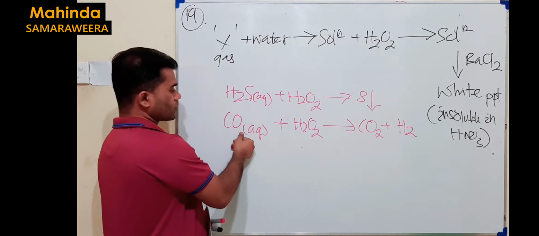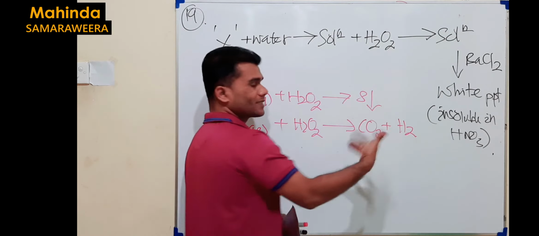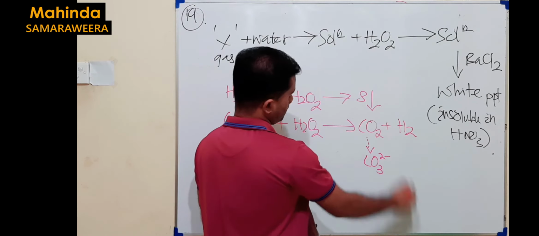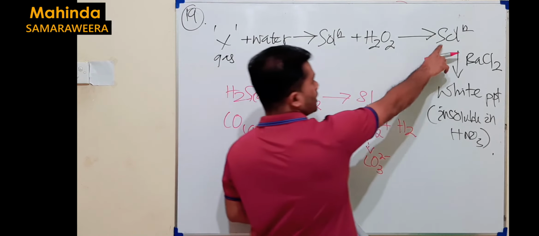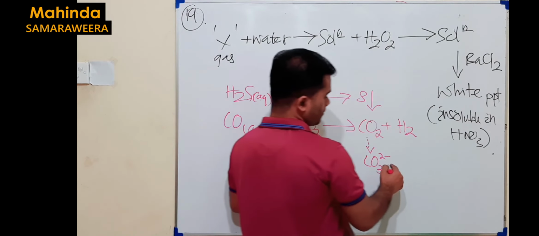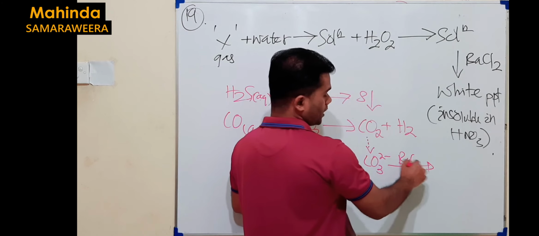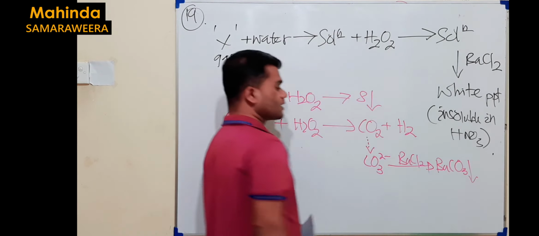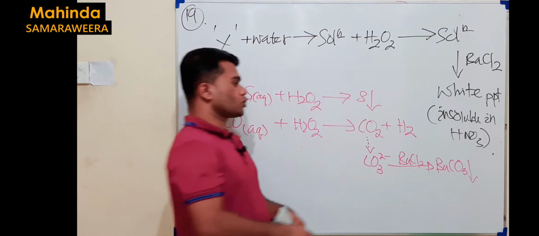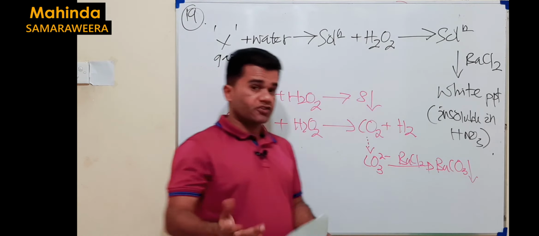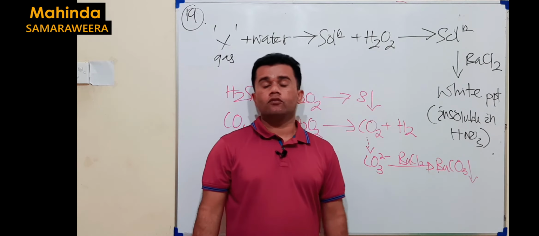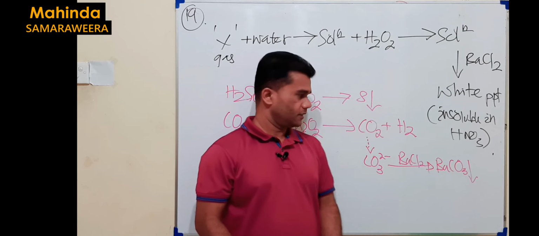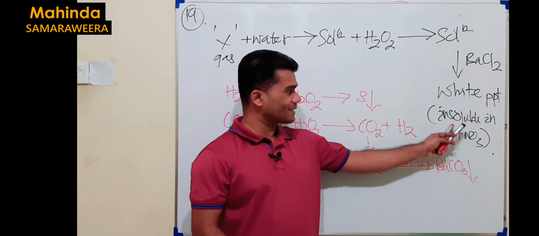Since water is present, this can be carbonate ion. Then barium chloride. Do we get a white precipitate here? Yes, carbonate reacts with barium chloride to produce barium carbonate, a white precipitate. Is it soluble in nitric acid? Yes, barium carbonate is soluble in nitric acid because they react and give carbon dioxide and barium nitrate. Because of that it dissolves, but this says insoluble.